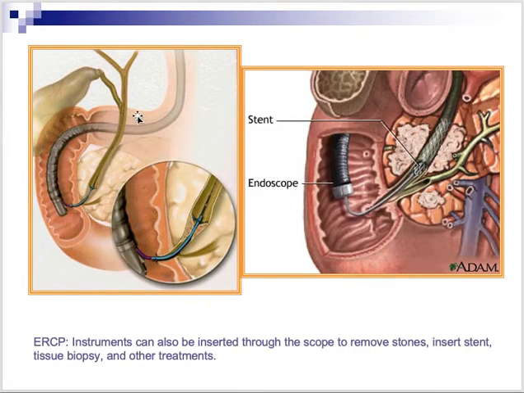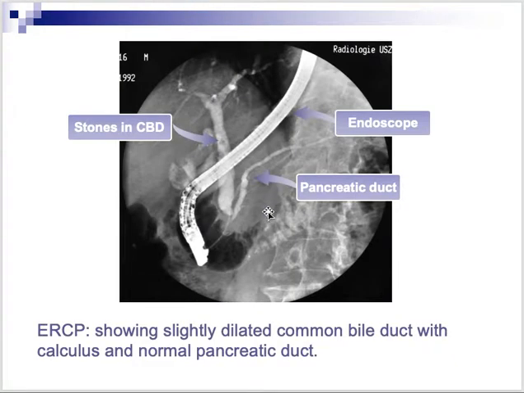As you can see over here, they put an endoscope in the second part of the duodenum. From there, they approach through the sphincter of Oddi and introduce the endoscope, and then they can put in a dye and visualize the pancreatic duct, the common bile duct and all the other ducts.